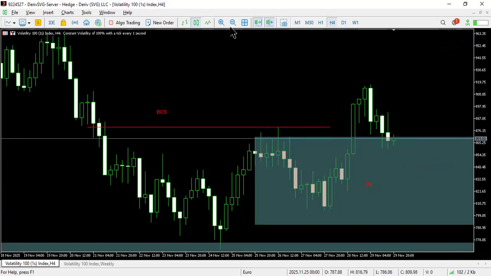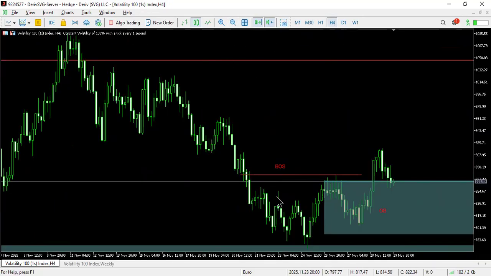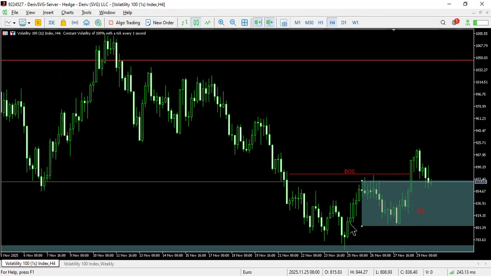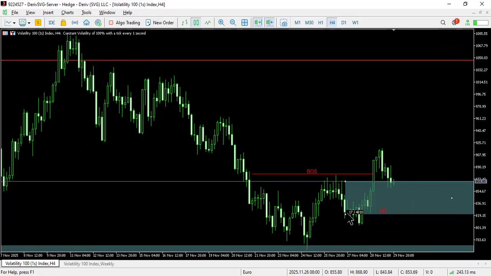If you go to the 4 hours, from the 4 hours you can adjust our order block to the 4-hour time frame order block. So in the 4 hours, this is our order block.